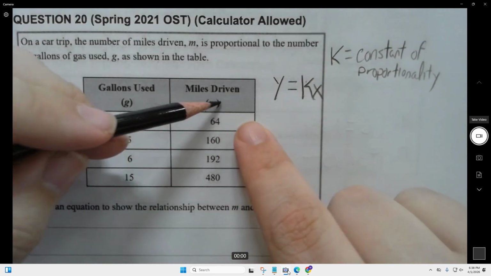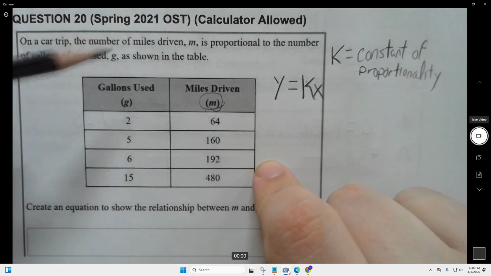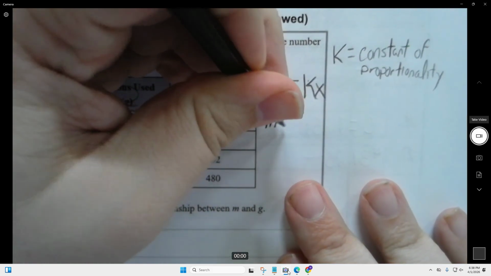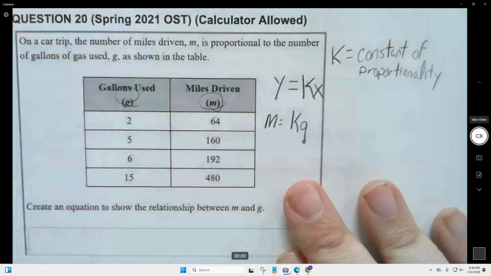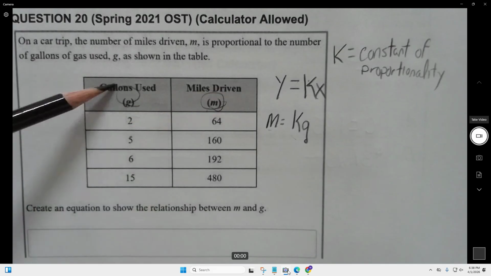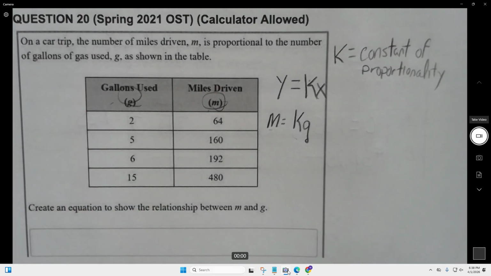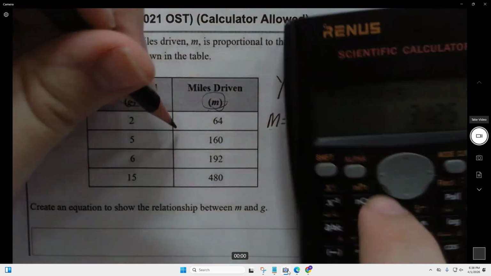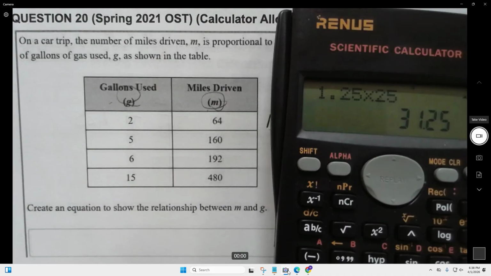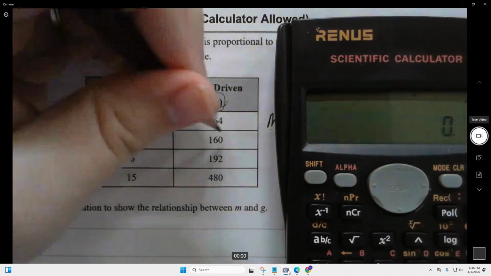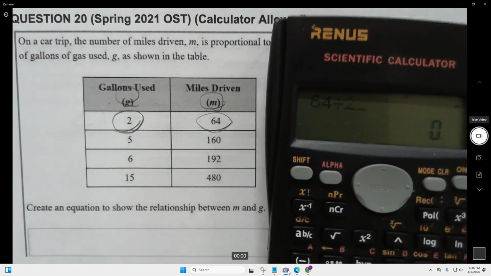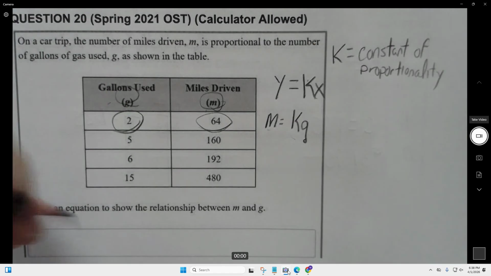In this case, our y is miles, our x is gallons, so this will be M equals K times G. Miles equals the constant of proportionality times the gallons. So now we've got to find the constant of proportionality. How do we do that? It's the same thing we've been doing. You're going to pick one of the y's. I'm going to pick 64. We're going to divide it by that y's x, which is 2. And you get 32.